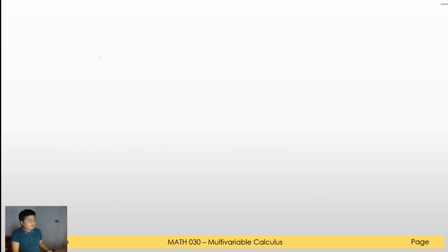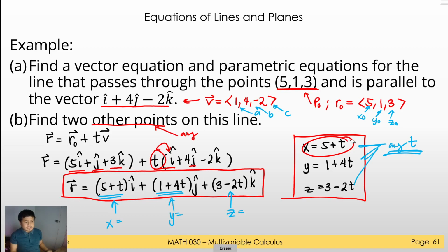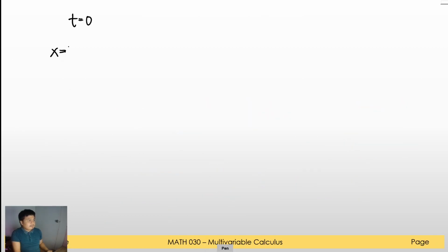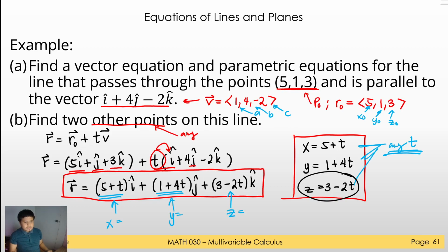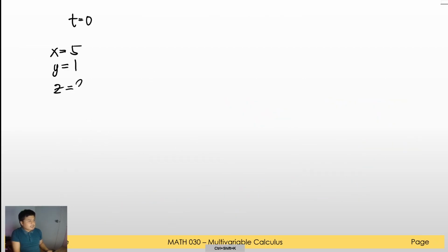So let's just say t is equal to 0. If you substitute t is equal to 0, we have x is equal to 5, y is equal to 1, and z is equal to 3 minus 0, which is just 3. So this is our first point on this line.